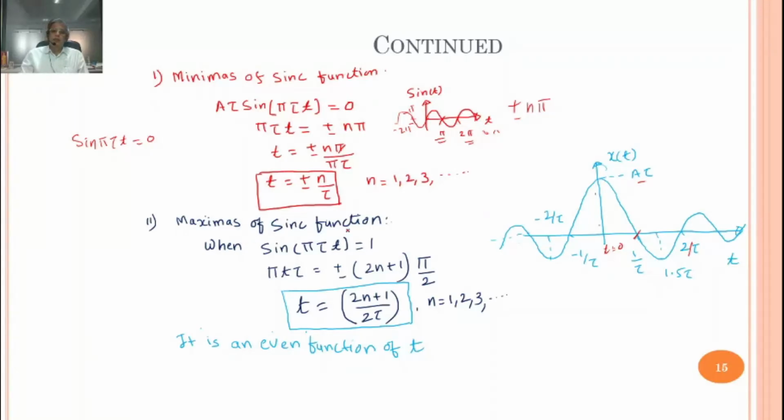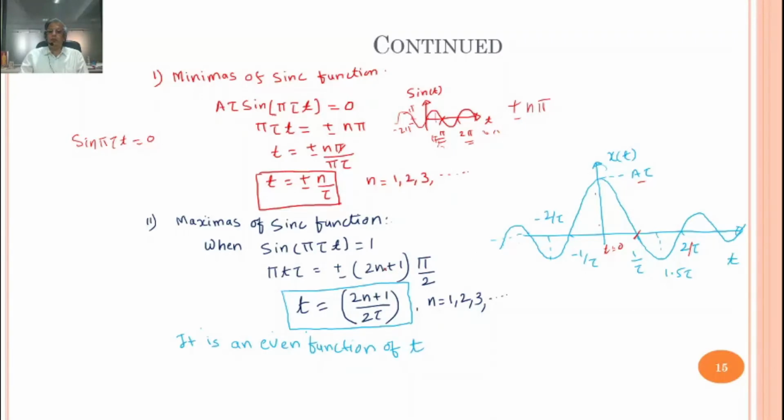Then the maximas, this maximum value of this sine function is 1. Hence we will equate this equal to 1, and when this is 1, this sine function is 1 at pi by 2, and the multiple of this means 3 pi by 2 like this. Means we will write this is 2n plus 1 pi by 2.